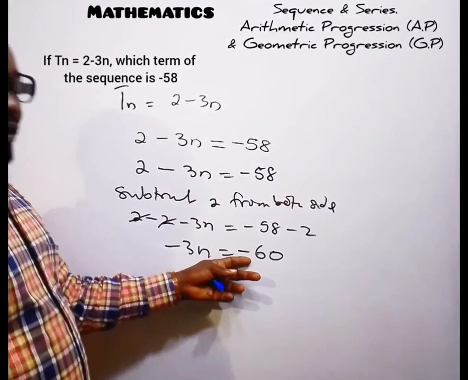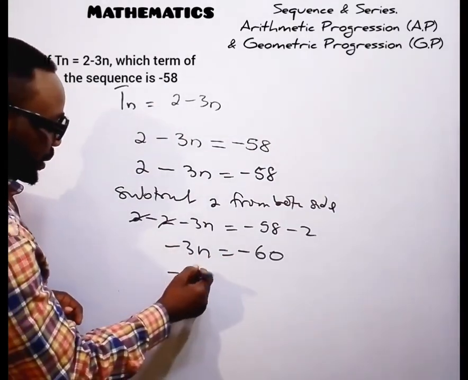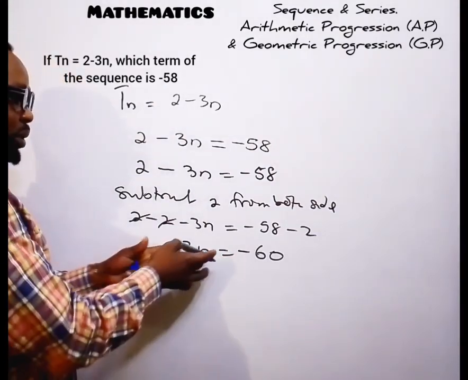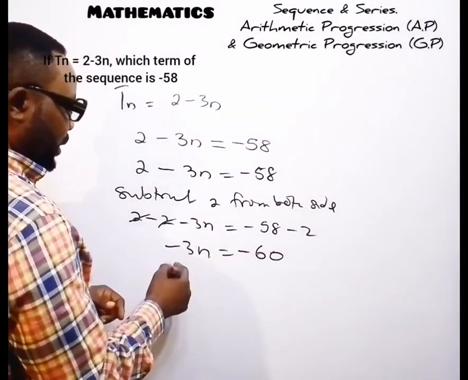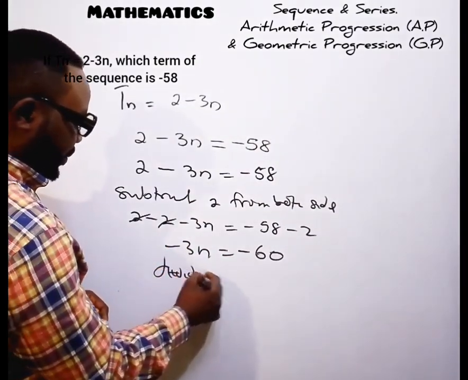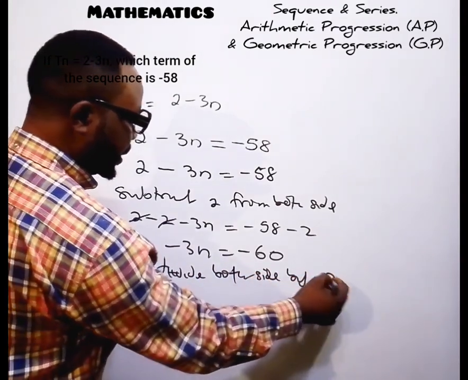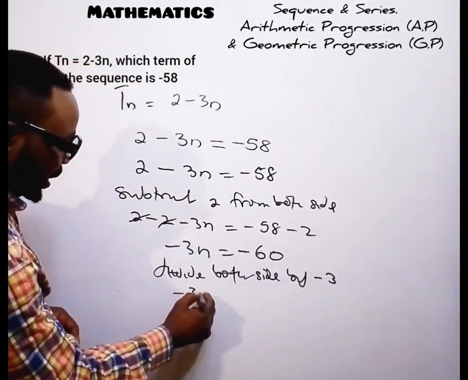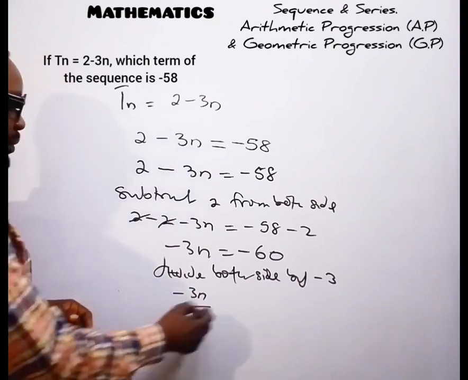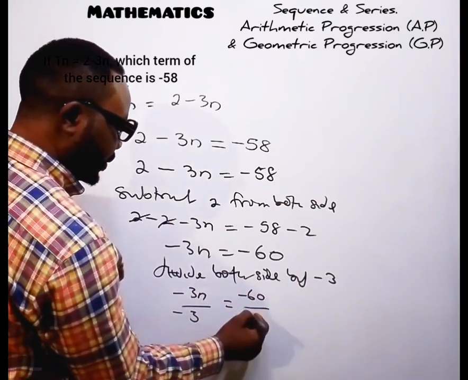For us to find the value of n alone, we divide both sides by minus 3. We have minus 3n over minus 3 is equal to minus 60 over minus 3.